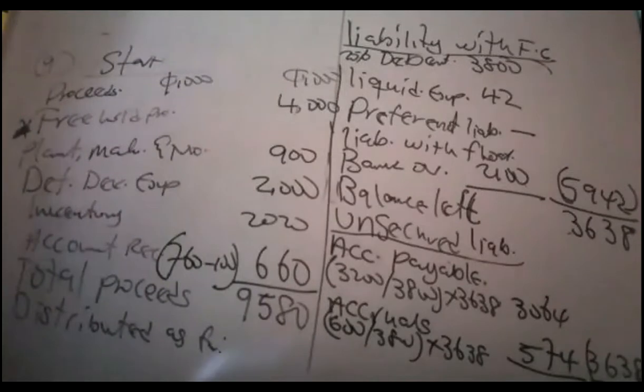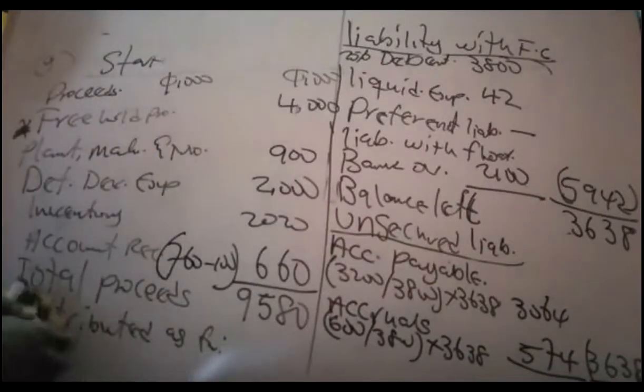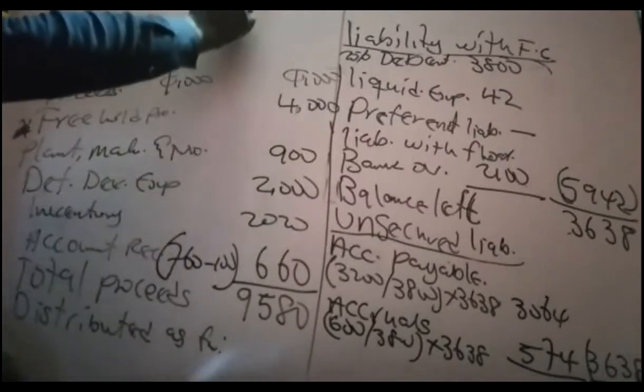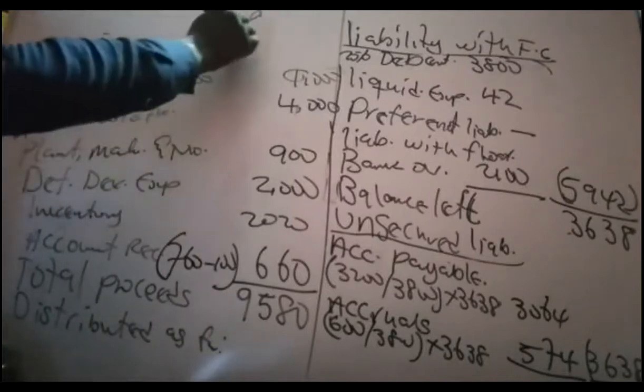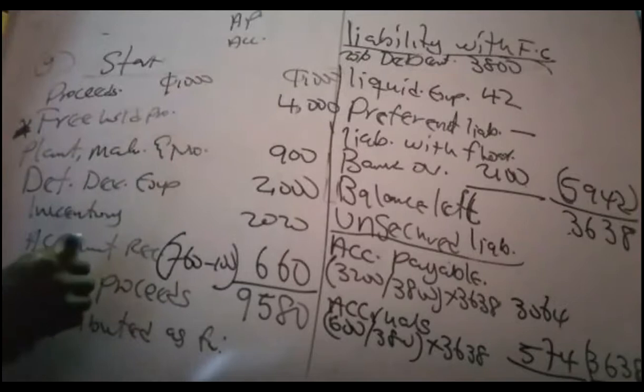So that is it. Now to go over again, we said that when you go to the unsecured liability, always check first whether the amount left will be enough to pay the unsecured liabilities. There are only two here: account payable and accruals.